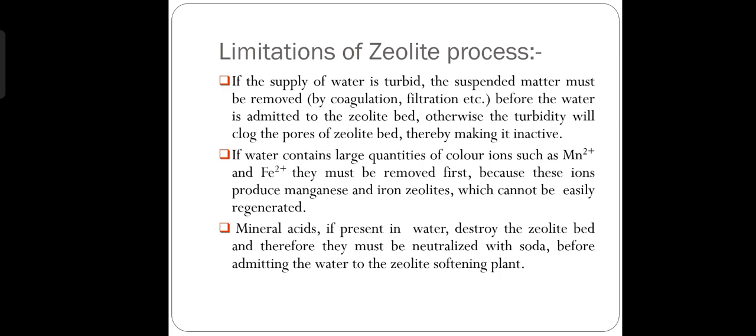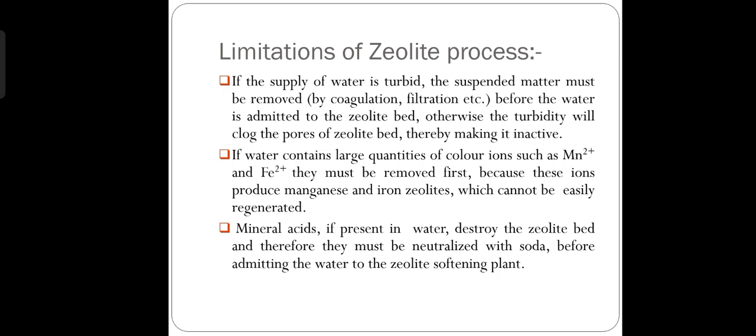The second limitation is that water containing large colored ions, manganese ions and iron ions, has to be removed first, because these ions produce manganese and iron zeolites which cannot be easily regenerated. The permanent exchange occurs which cannot be reclaimed. So the colored ions have to be removed first, and then only we can feed that water to the softener.